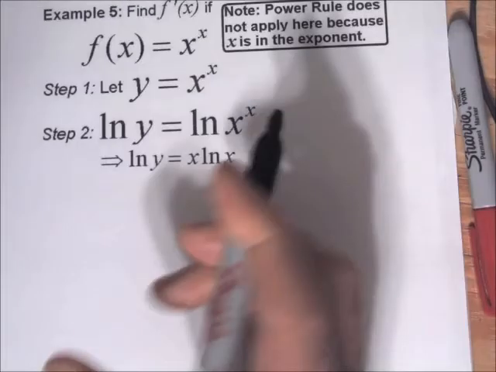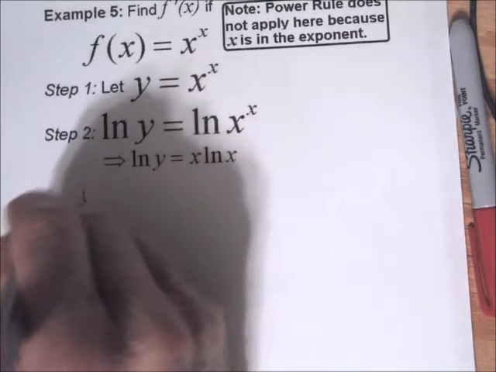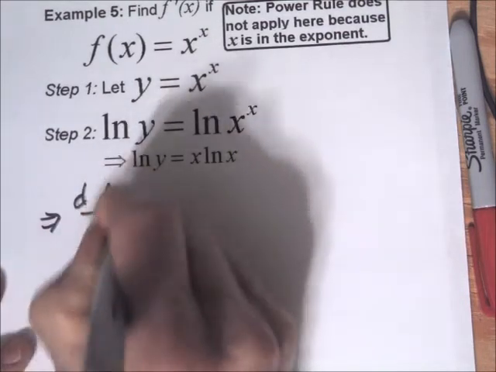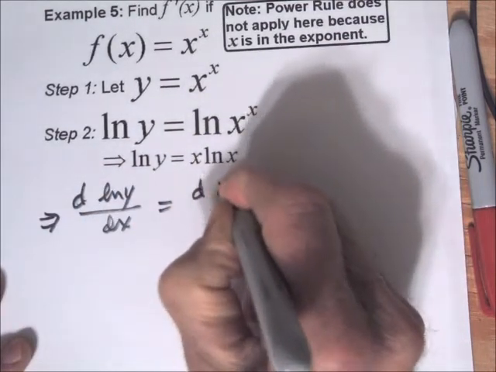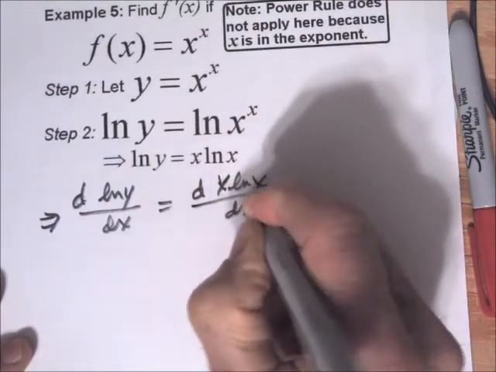So we want to take the derivative with respect to x of both sides. Derivative of ln y with respect to x equals derivative of x ln x with respect to x.